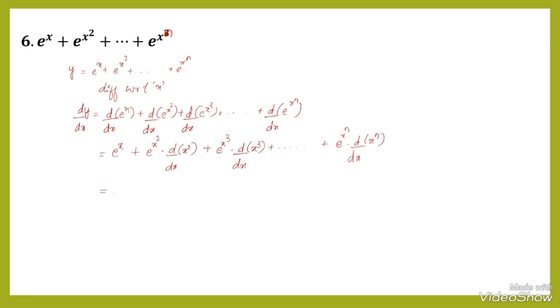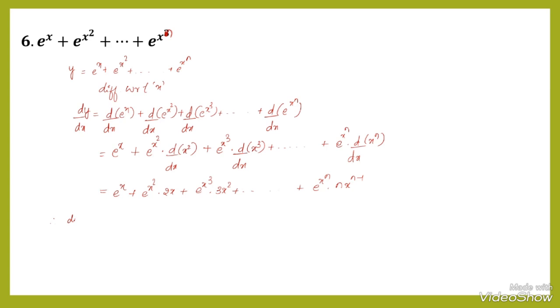Now solving: e to the power x square into 2x, plus e to the power x cube into 3x square, and so on, up to e to the power xn into n x to the power n minus 1.